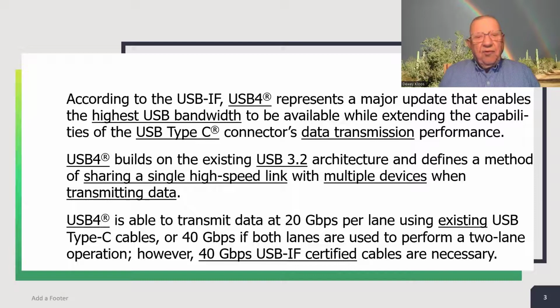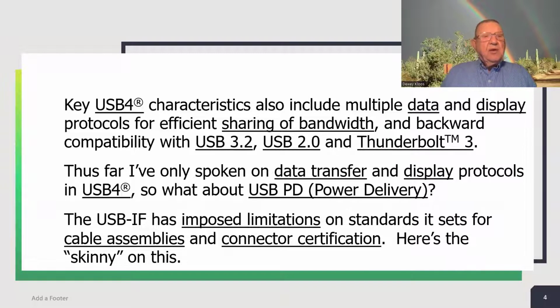However, 40 gigabit USB-IF certified cables are necessary in that situation. Key USB4 characteristics also include multiple data and display protocols for efficient sharing of bandwidth and backward compatibility with USB 3.2 and USB 2.0 and Thunderbolt 3.